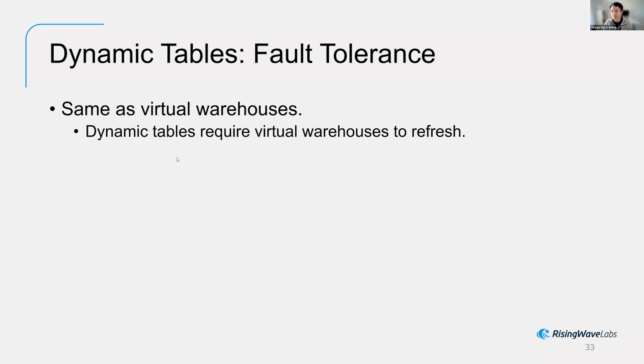So you can imagine that if one single virtual warehouse just crashed, then you don't need to worry about that, because Snowflake will directly create another virtual warehouse for you. So that's the dynamic table, right?